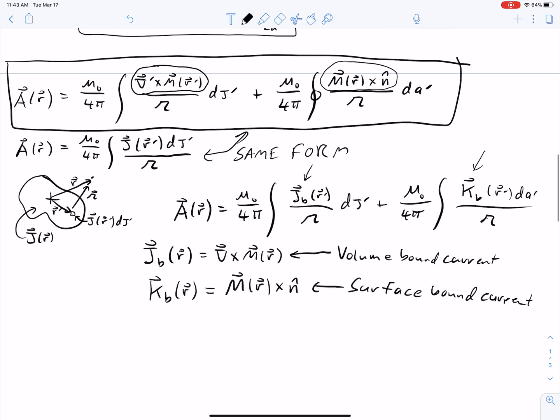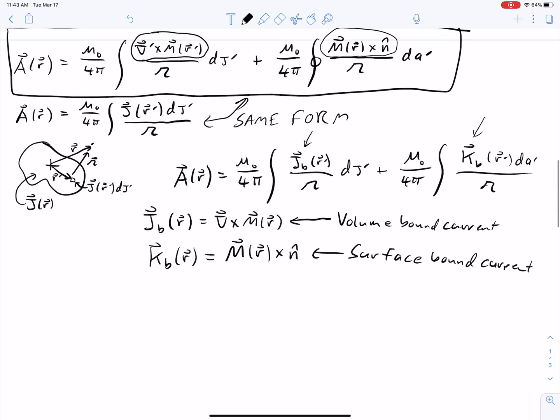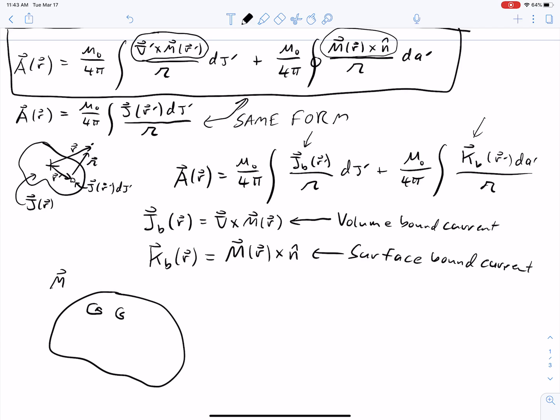And that's the big thing we just derived. This is very significant, because what we're saying is that if I have some material and I know the magnetization, then the magnetization is all these little current loops, and they might be changing in funny ways. There might be more current loops in some regions and fewer in other regions.